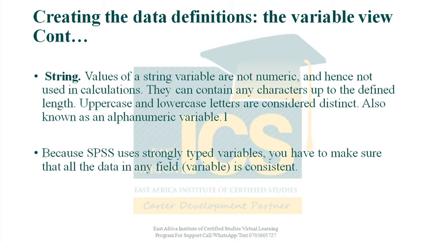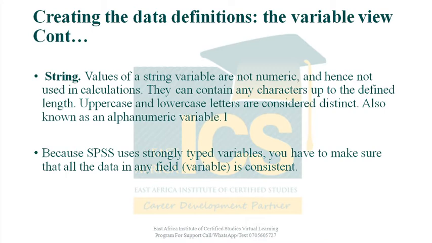Next, string. Values of a string variable are not numeric and hence are not used in calculation. They can contain any characters up to the defined length. Yeah, so when we talk of a string, we are just talking about those sentences or values that contain an alphabet or a number, but they don't qualify to be numbers, so they cannot be used in calculations.